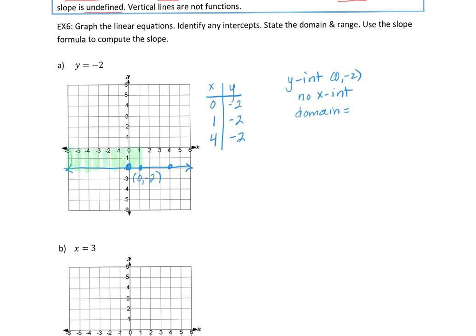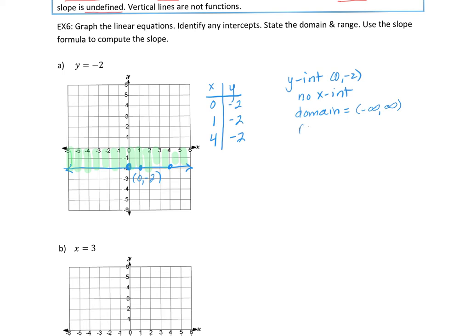Pick any x value and it will correspond to a point on the graph. Domain would be all real numbers, or negative to positive infinity if I was in interval notation.